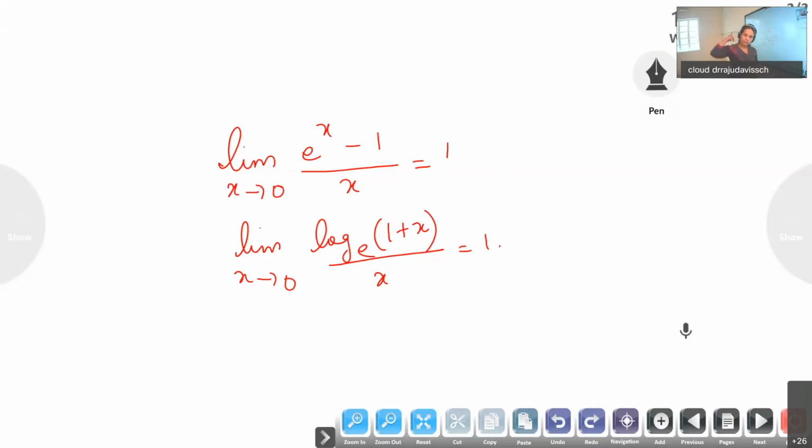Can you recall the formulas you have learned in limits? Yesterday we learned one formula. What is that formula? Can you give that formula, Aishwarya? Say the LHS and give the formula.